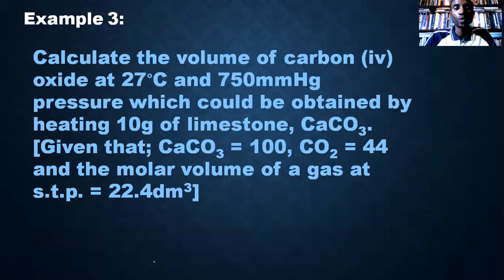Okay, the third question will be: calculate the volume of carbon 4 oxide at 27 degrees Celsius and 750 millimeter mercury, which could be obtained by heating 10 grams of limestone. The molar mass of limestone was given, carbon 4 oxide was also given, and the molar volume of gas at STP was also provided to you as a constant.